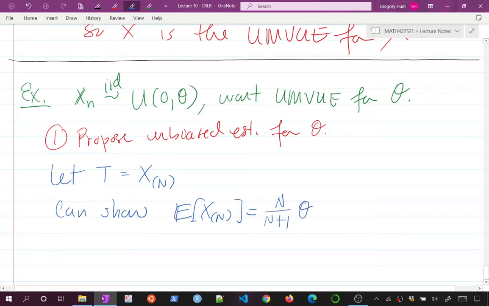So the maximum slightly underestimates theta. It is not unbiased for theta.